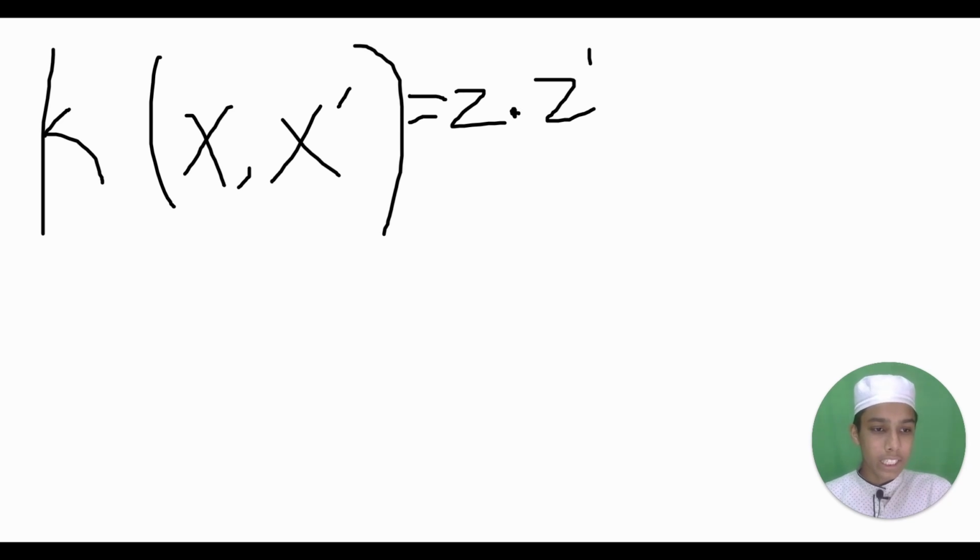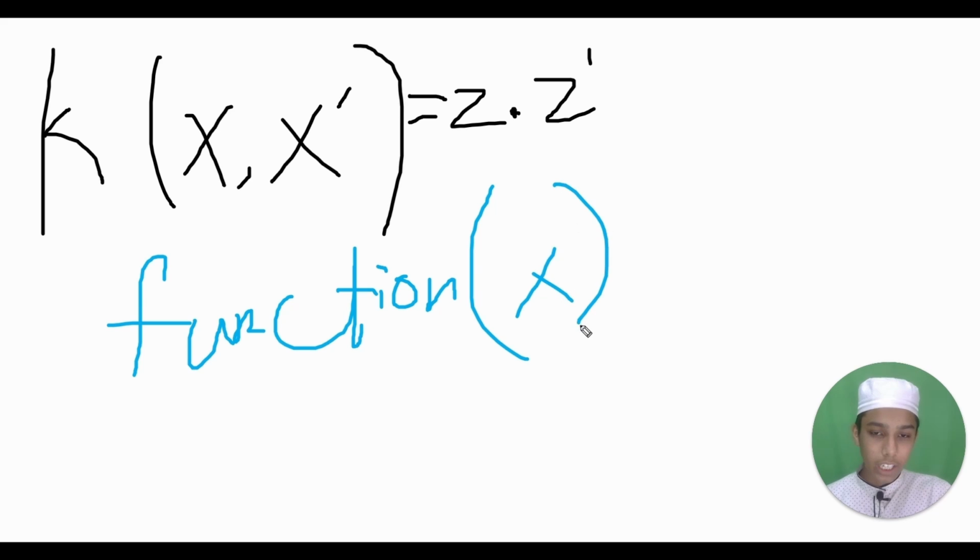Let's say the z values are the results of some function of x, and these values are dotted together to give us the kernel function result. So this is why we write k of x, x prime equals z times z prime. Now guys, we still have not covered how this saves us any processing, right?